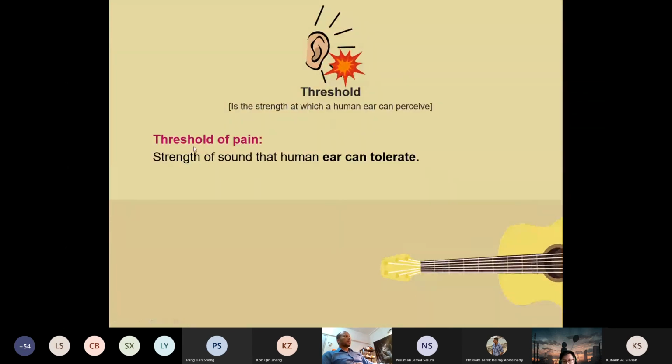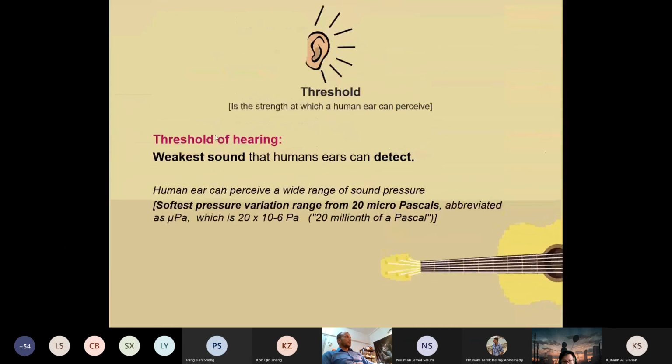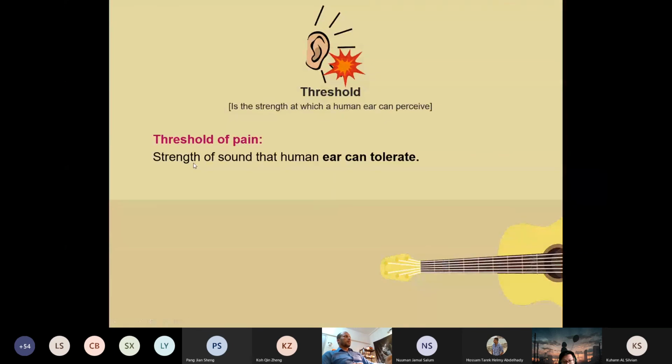And there is the threshold of pain. So remember, threshold of hearing, threshold of pain. The threshold of pain is the strength of sound that the human ear can tolerate. After that, you will not be able to hear, you will not be able to support it.